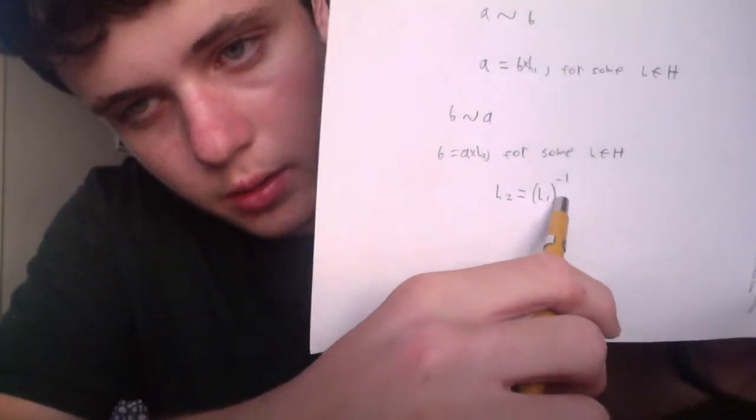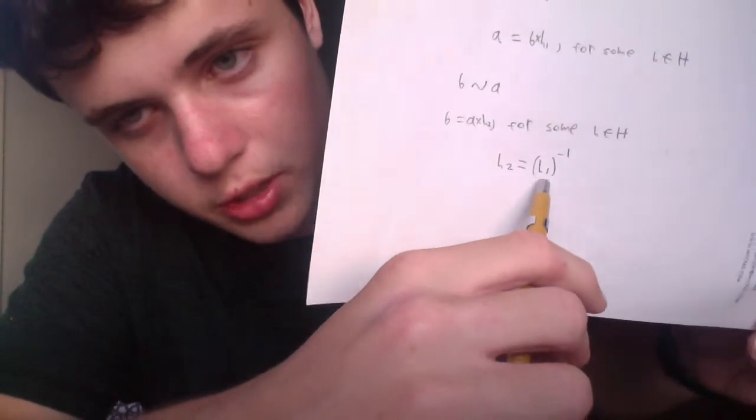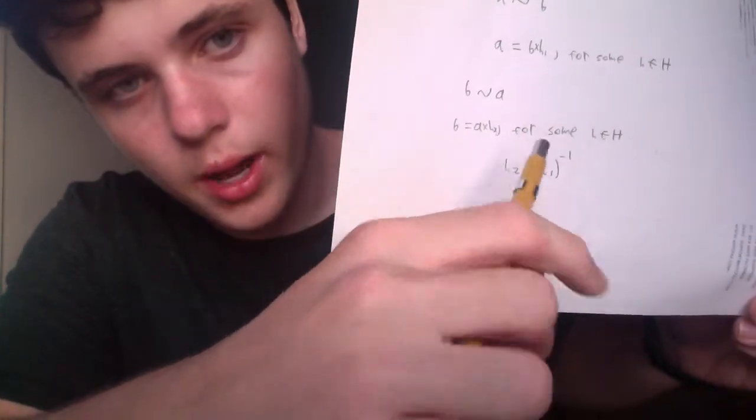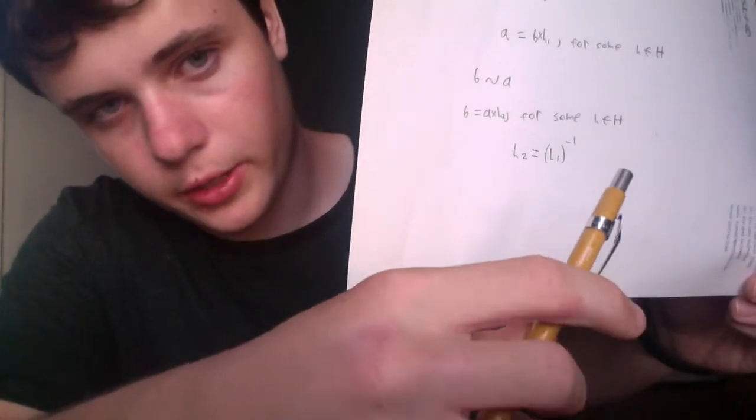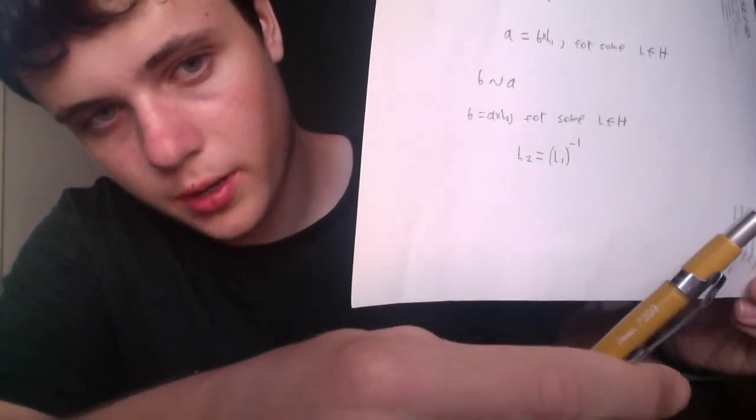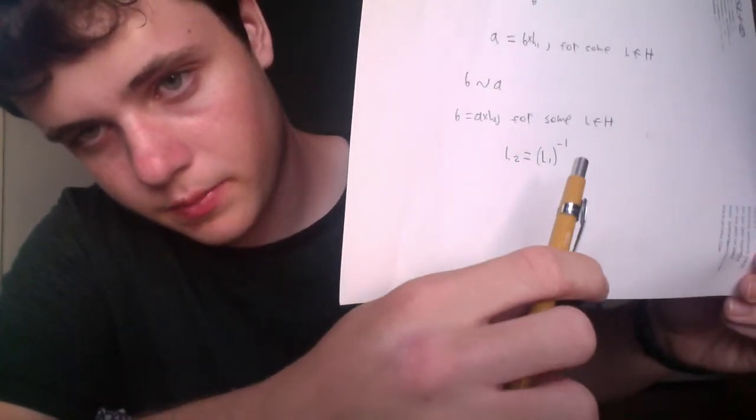Let's say H2 is equal to the inverse of H1. So I have an element H2 and an element H1, and H2 times H1 is the identity element.